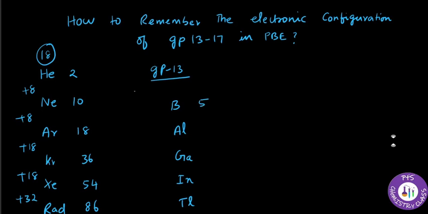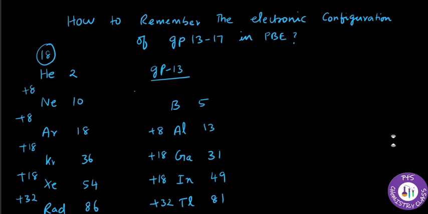Boron is 5, plus 8 is 13, plus 18 is 31. I have explained this in my previous video, and you can watch it there to remember the atomic numbers of the p block. So it will be 49, and then plus 32 will be 81.